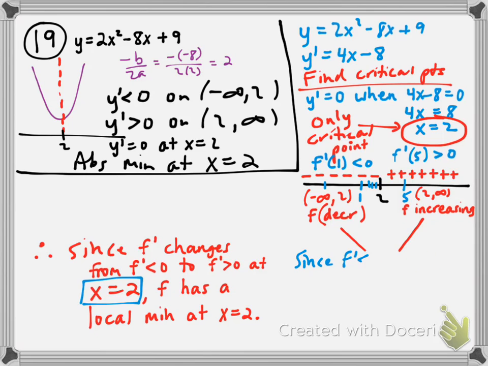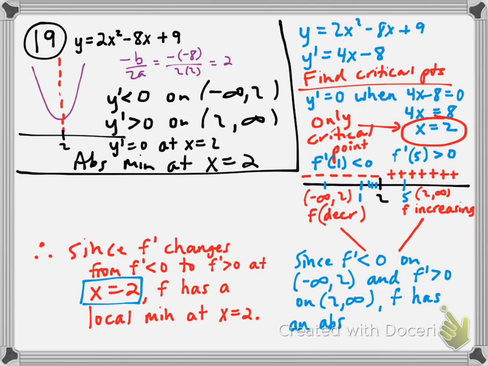Since f prime of x is less than 0 on the interval from negative infinity to 2, and f prime is positive on the interval from 2 to infinity, therefore it's always negative until you get to 2, and always positive from 2 to infinity, f has an absolute max at x equals 2.